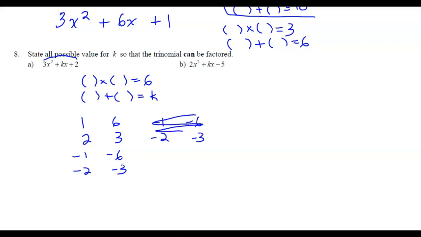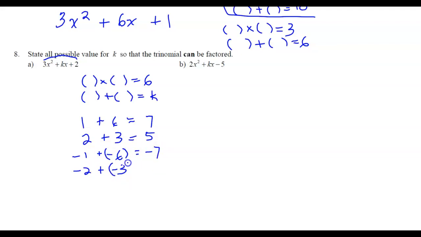Then our k value, if we put those numbers back in to add them together, well, 1 plus 6 is 7, 2 plus 3 is 5, negative 1 plus negative 6 is negative 7, negative 2 plus negative 3 is negative 5. So there's 4 possible k values: positive and negative 7, positive and negative 5.